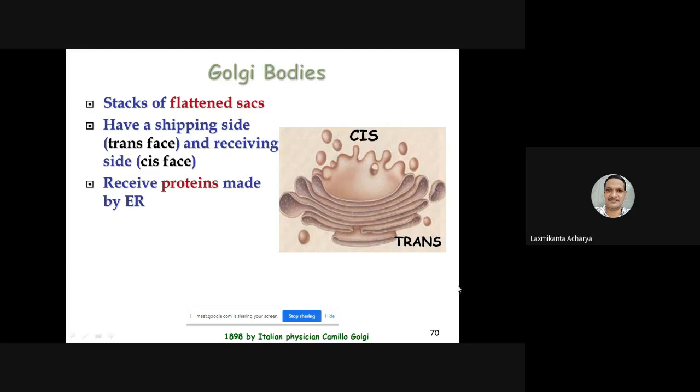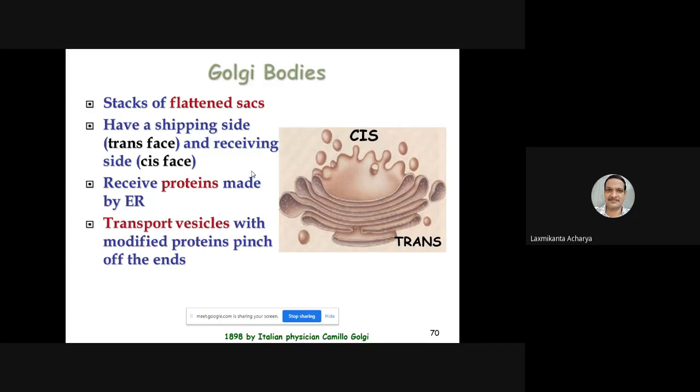These are flattened sacs, and Camillo Golgi is responsible for the discovery of Golgi bodies. Mostly the transport vesicles get attached to the Golgi bodies, and by this the transportation work is carried out with the help of these transport vesicles.